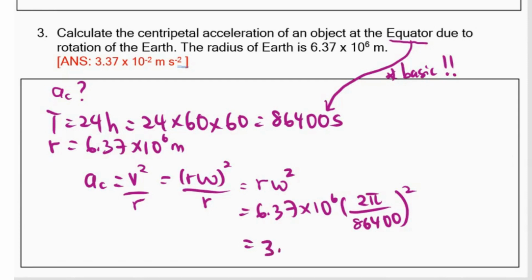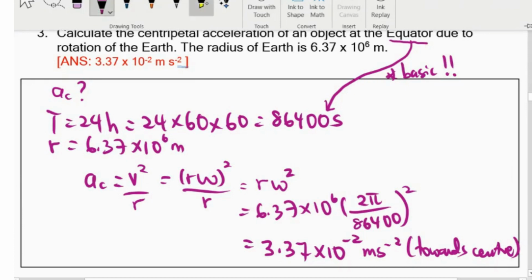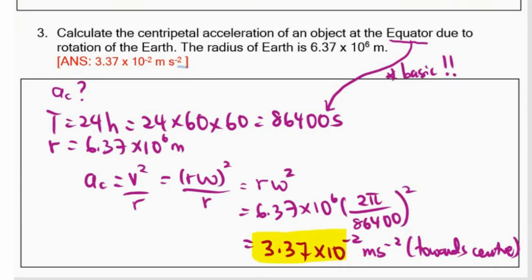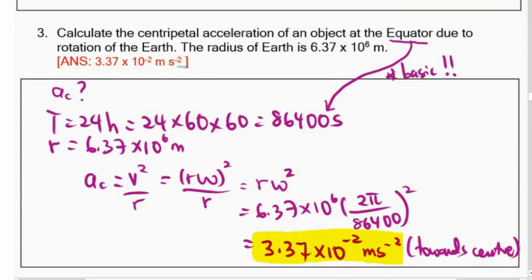So you got 3.37 exponent minus 2. The unit is in meter per second square and towards the center. Alright, so this is how you do question number 3. Okay, next, let's see question 4.